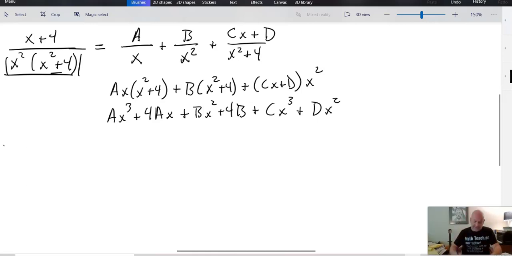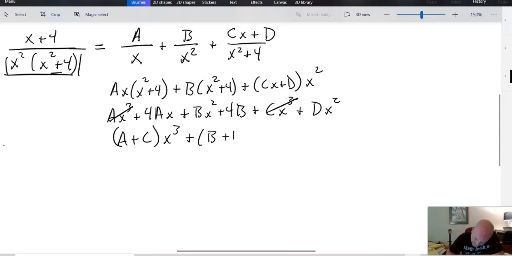Okay, so we got all that together. Now let's just group these so we can set things up. So for cubes, it looks like I have two cubes. I have a plus c times x cubed. So that's that one and that one. Plus, now we need x squared terms. So we have b and d.